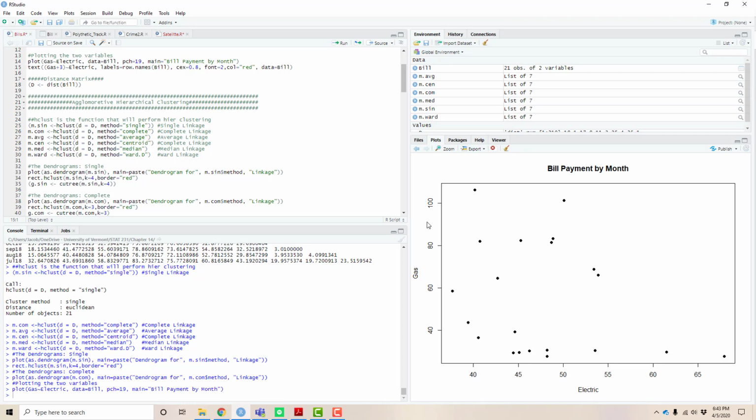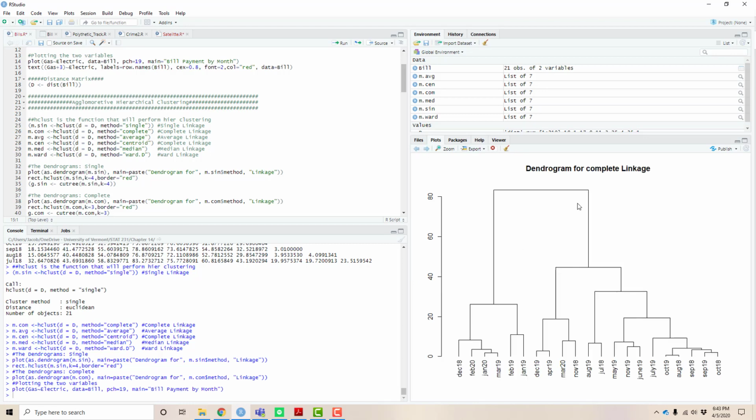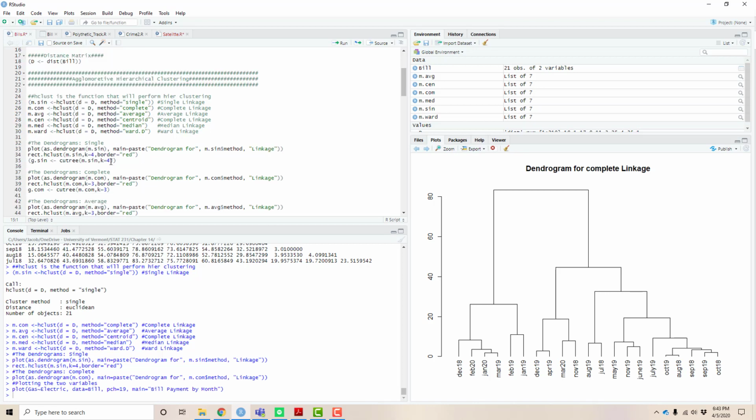That's a really far distance away. So that's going to indicate that really large jump that we saw in our dendrogram here. There's also a fairly large jump merging 2 and 3 together, and then a lesser jump going between 3 and 4. So judging off this dendrogram for complete linkage, I recommend 3 clusters.